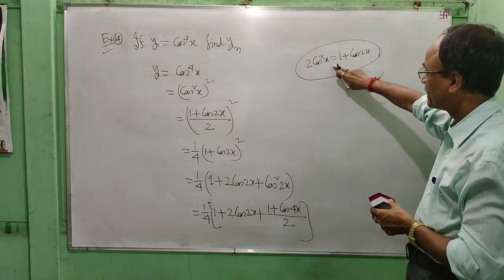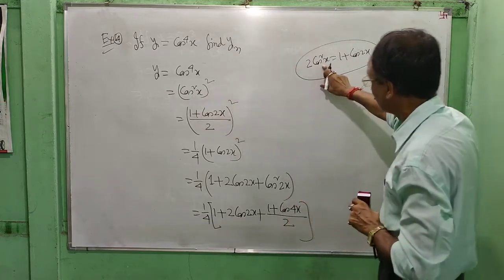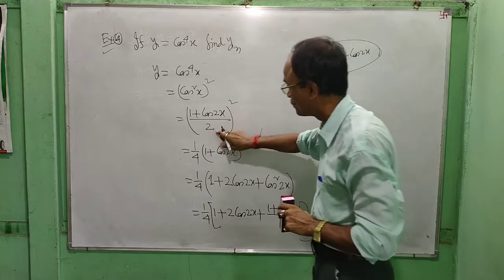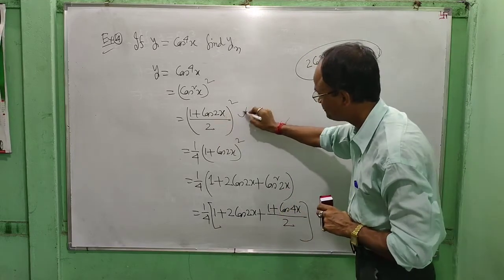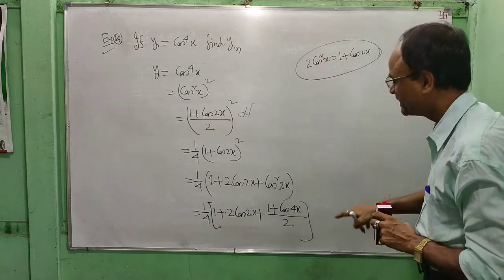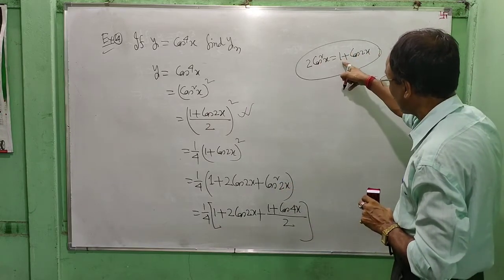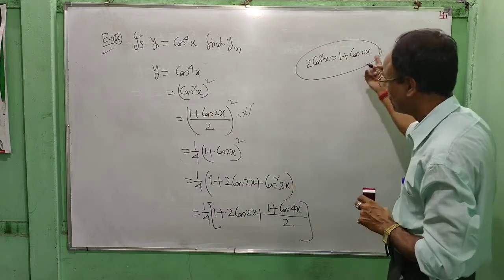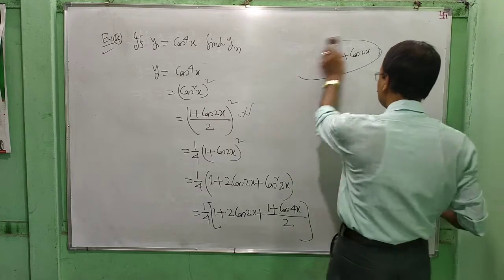This formula has been applied two times. Number 1, cos square x is equal to (1 plus cos twice x) divided by 2, applied here. Again, cos square twice x will be equal to (1 plus cos of 2 times twice x, meaning cos 4x) divided by 2.